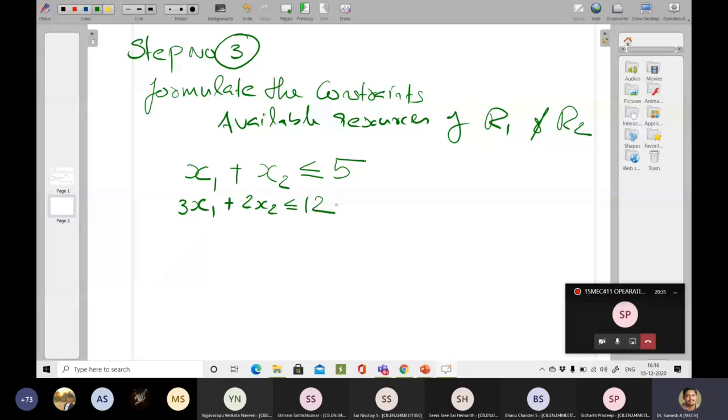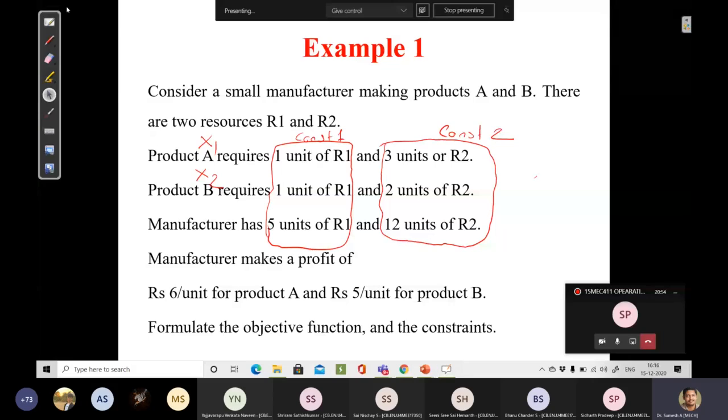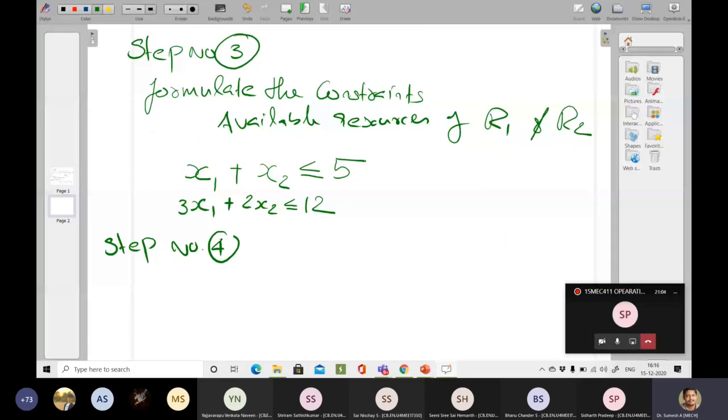Is any other constraint or any other data given in the problem? No. Okay, now what else is to be done? What is the non-negativity constraint? You have to add the last thing, step number 4, adding non-negative constraints.